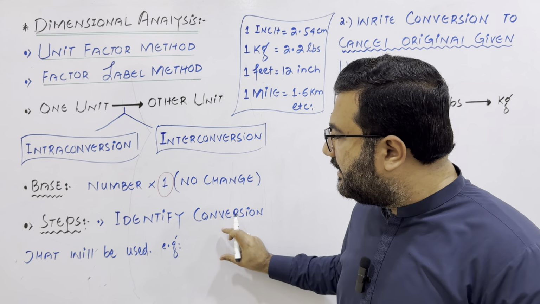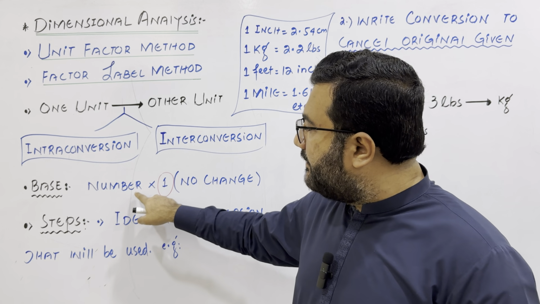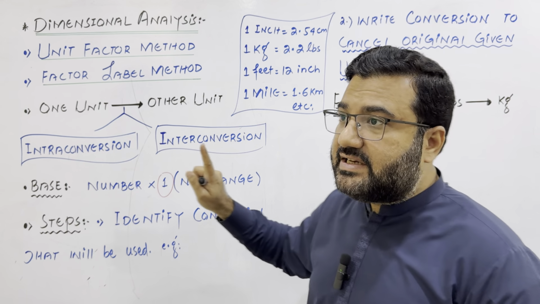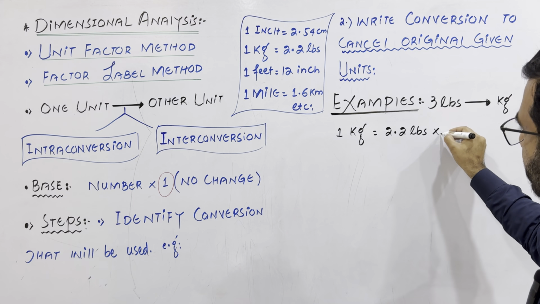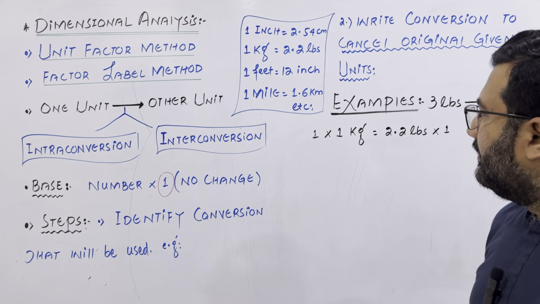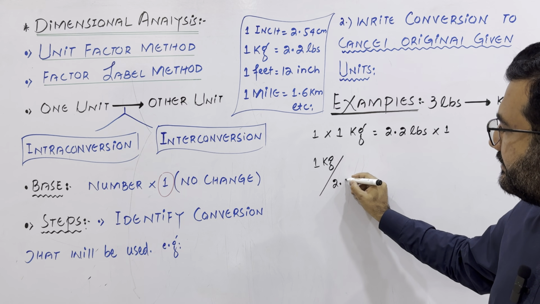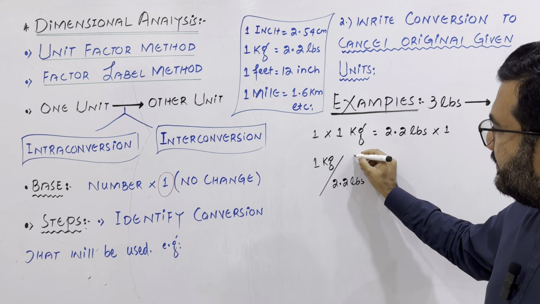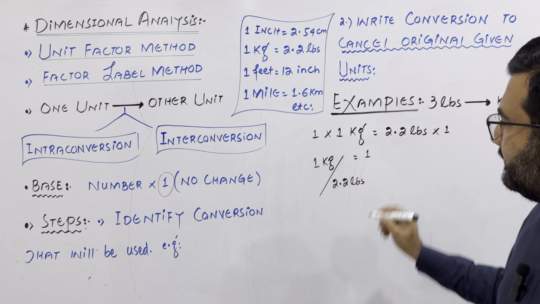Now, what was the base of this step? That when you multiply any number with 1, there will be no change on that number. So let us multiply with 1 to both sides of the equation. Now, if the 1 is multiplied with this number, there will be no change on the equation. Can we write it down as 1 kg over 2.2 pounds, that will be equal to 1.